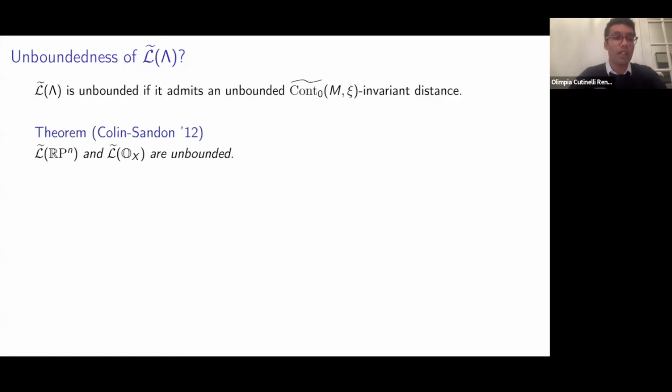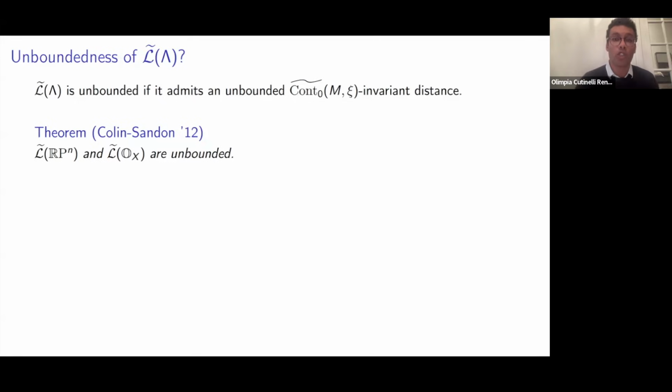And there is a striking result by Vincent Colin and Sheila Sandon in 2012 that says if you take the Legendrian to be the little real projective space inside the big projective space, and you take the universal cover of its Legendrian isotopy class, then this space is unbounded. So it carries an unbounded invariant distance.